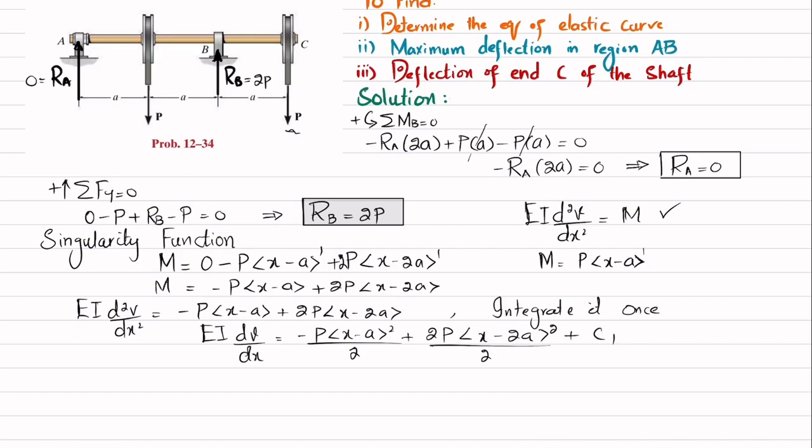Now this 2 and 2 cancel with each other, so I will remove it. Clear? So it will be P into (x minus 2a)². Let this be your equation number 1.